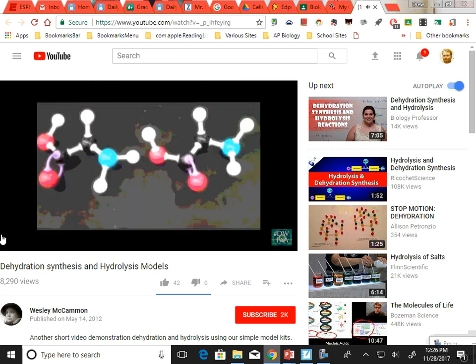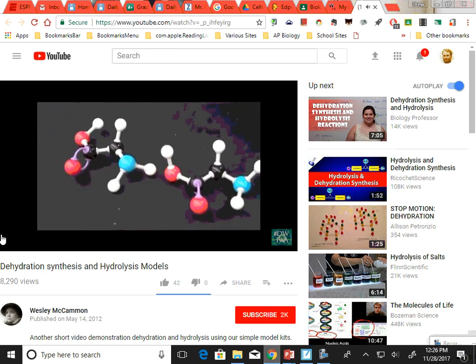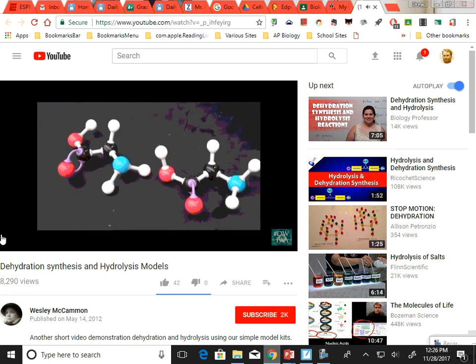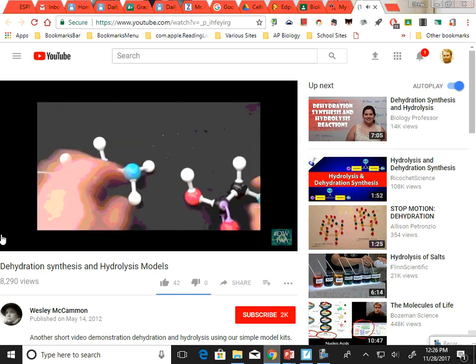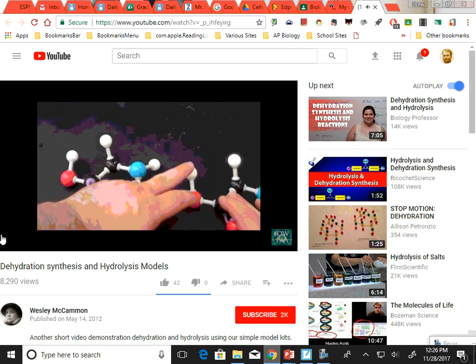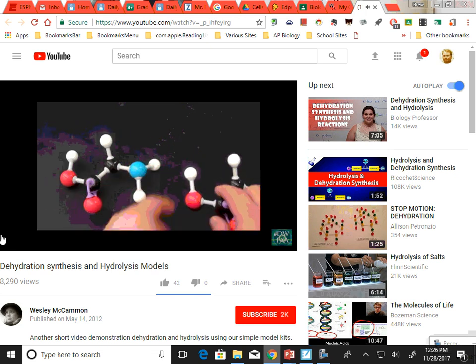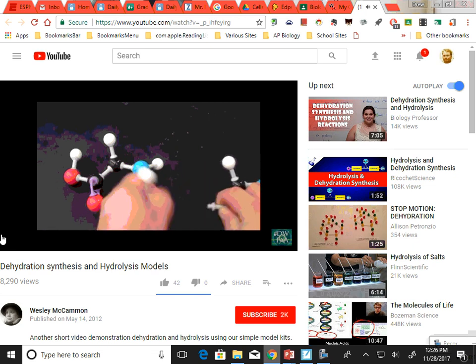Let's bring in another amino acid, and let's look at how amino acids can be bonded together. First, we're going to look at a process called dehydration synthesis. Dehydration synthesis is the way that these two amino acids are going to bond together and eventually make proteins. To do this, we're going to remove the H and the O from the carboxyl group. So the O is red, the H is white.